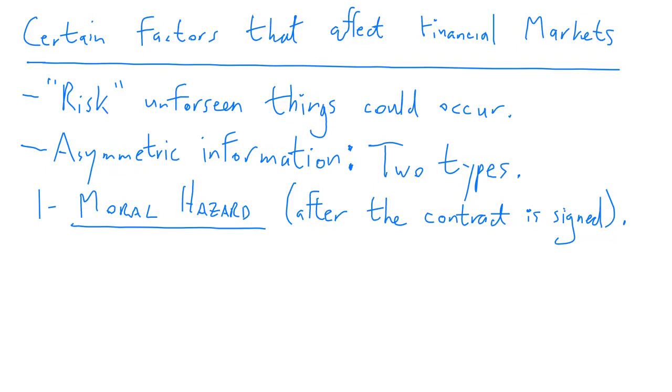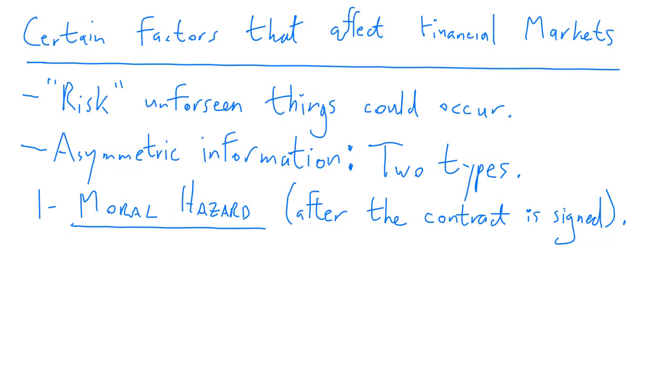Where does moral hazard possibly show up in financial markets? I can think of several examples, but here's another one that might have been familiar to you, to the extent that you've been taking economics classes.